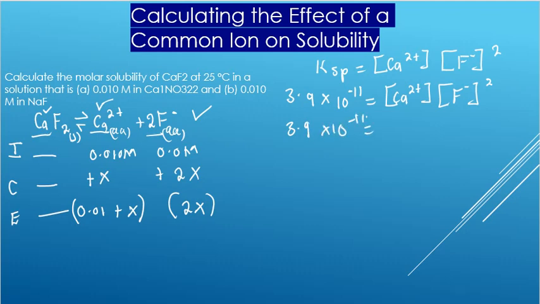That will equal to, we can now replace, so we have 0.01, this is supposed to be plus x, all multiplied by 2x, the power 2. Alright, so when we reach here, usually we don't really consider the x in such a situation.